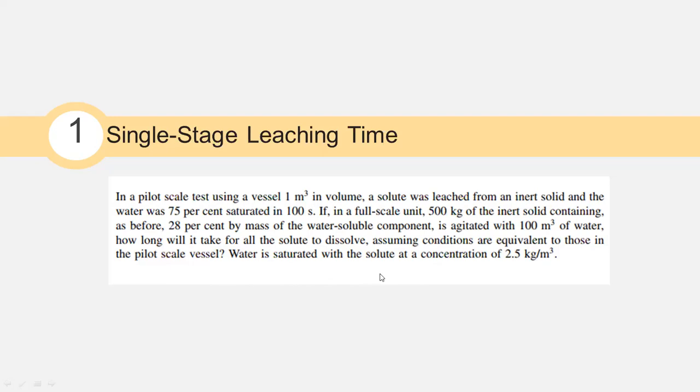Meaning if it is already saturated at that concentration, even if you add more and more solid to be processed, it cannot dissolve the given solid anymore because it is already saturated. So let me just take a picture of this so we will not go back to the problem.